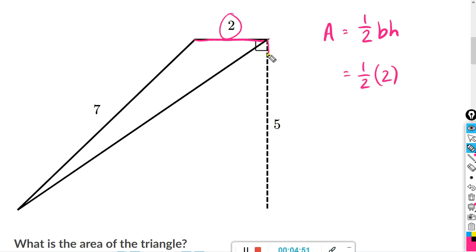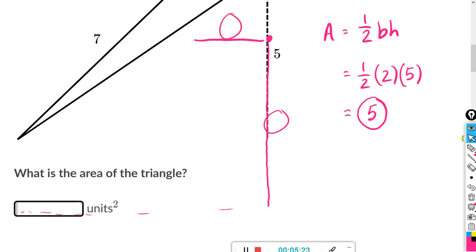So this one here must be the height. Notice it starts at a vertex point, and it just measures the distance from here to this point right here. So the height of the triangle is 5. 1/2 times 2 is just 1, times 5 is 5. And you just enter that number in the box.